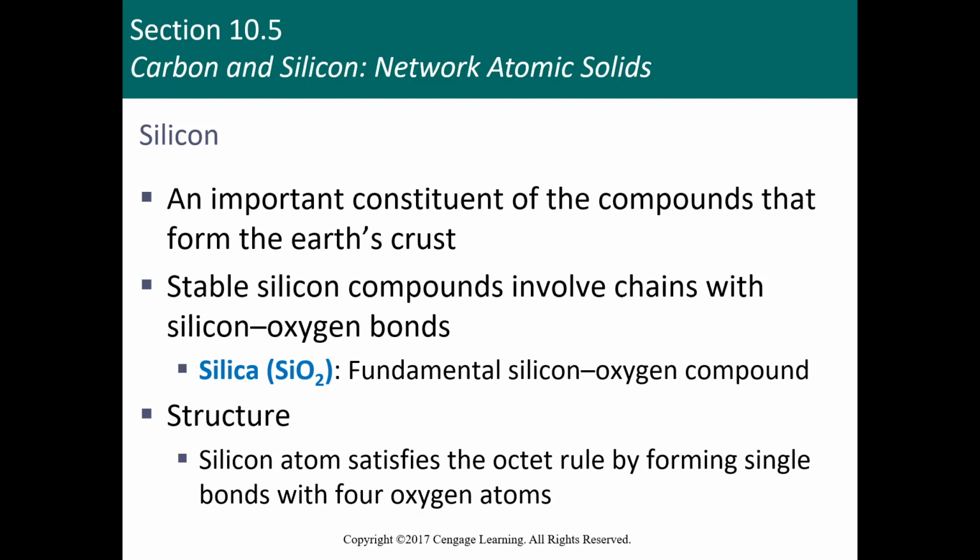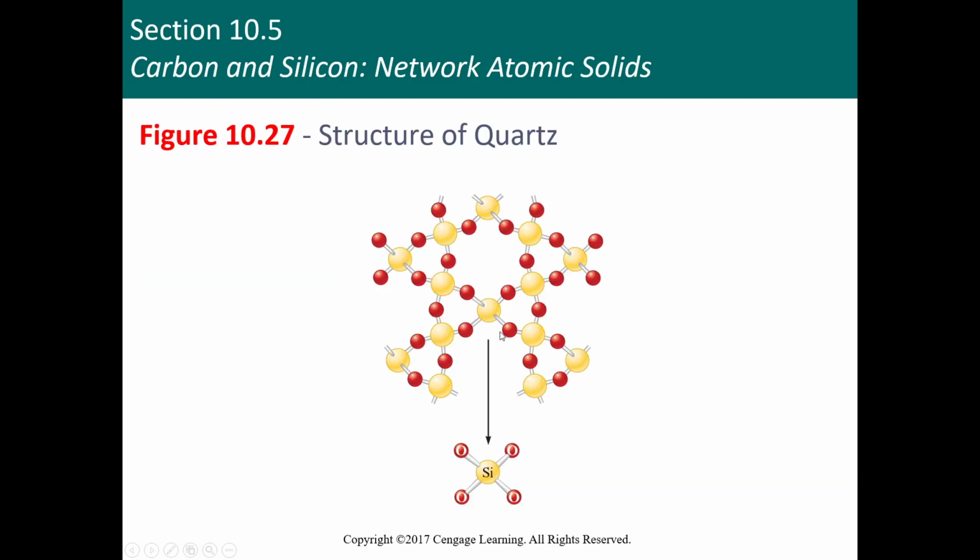This is the fundamental silicon-oxygen compound. The structure of these: the silicon atom is going to satisfy the octet rule by forming single bonds with 4 oxygen atoms. Here, I'll just show you a picture. Okay, and so here's our SiO2, and you see that they just form networks of bonds like that.